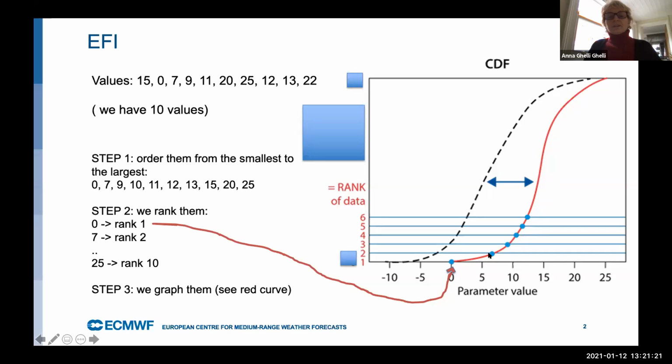So in this way, we have built out of our initial series of values of precipitation, we have transformed them into an ordered series, which goes from the smallest to the biggest. Each value of precipitation was assigned a rank, I mean a position, on the graph, from position 1 to position 10, because that's the size of our series, and then we graph them.